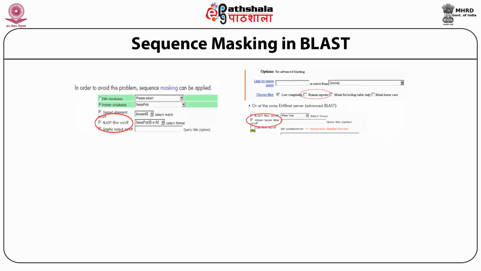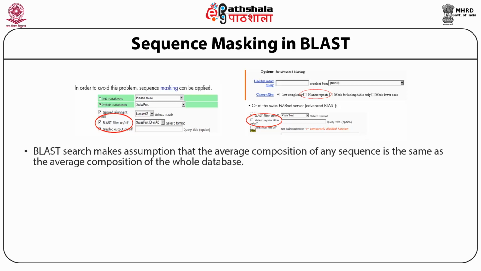So as we discussed, we do not use default parameters in the BLAST search in certain cases. In those cases where you need some sort of sequence masking, what is sequence masking? BLAST search makes the assumption that the average composition of any sequence is the same as the average composition of the whole database.